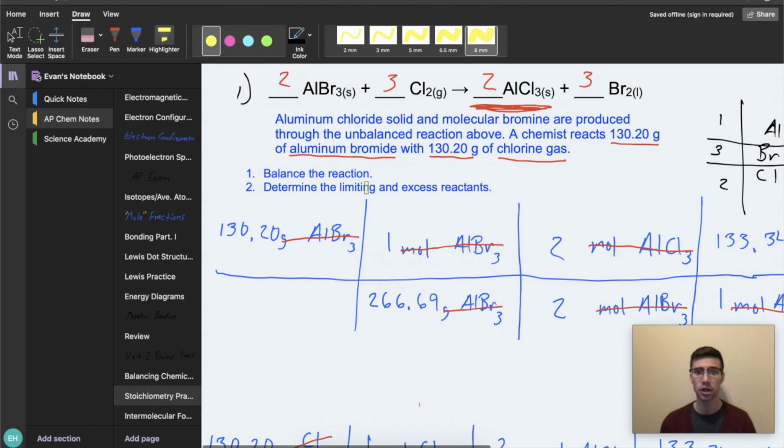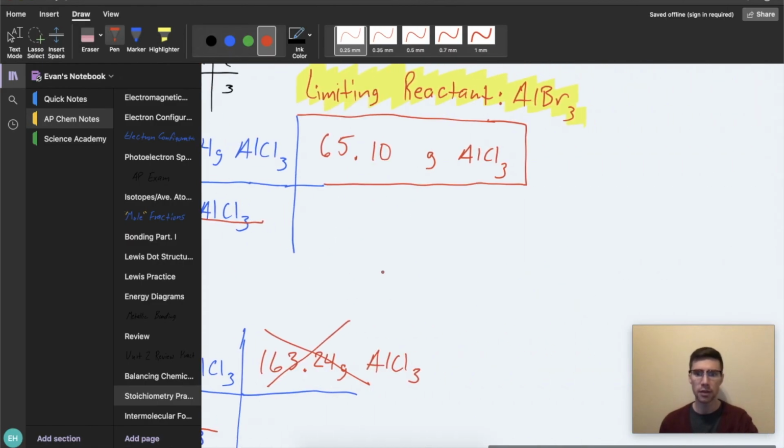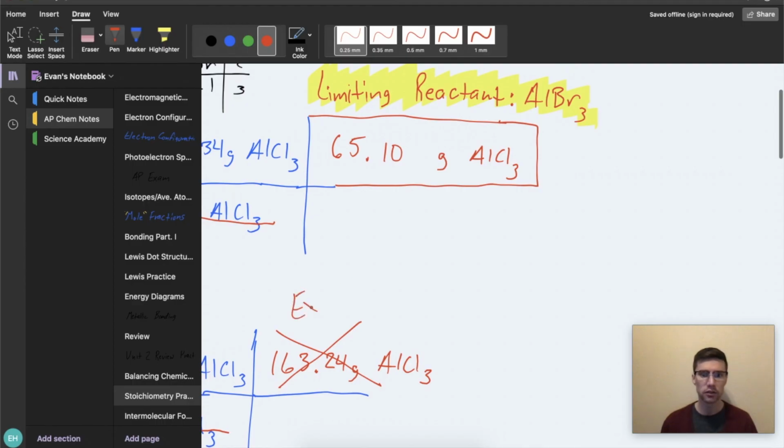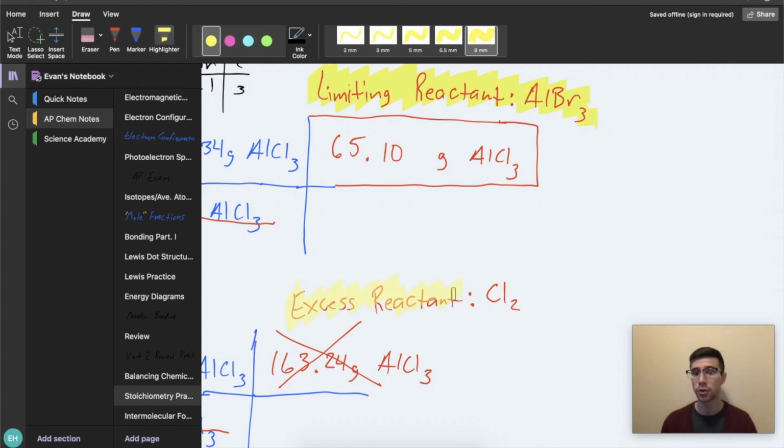We balanced the reaction. We determined the limiting and excess. So let me write in the last one. That means that our excess reactant would be our second reactant, or our chlorine gas, okay? Because there's more of this left over when the reaction is done. That means it's in excess.